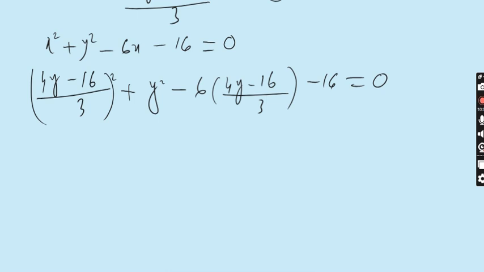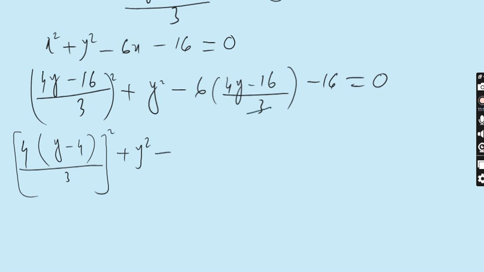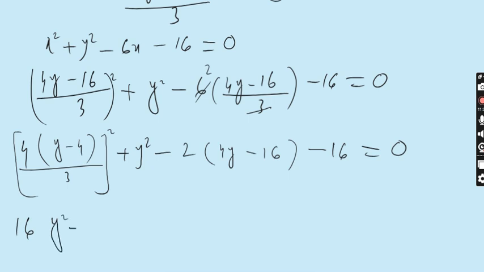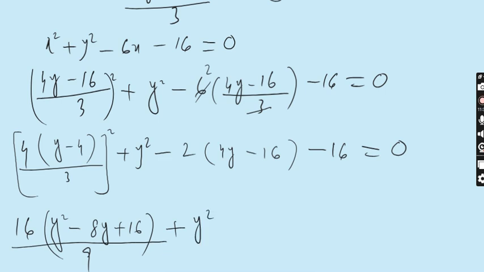Taking 4 common from 4y minus 16, so 4 times (y minus 4) upon 3, whole square, plus y square, minus 6 times... 3 2s are 6, minus 2 times (4y minus 16) is equal to 0. 4 square is 16, and (y minus 4) whole square is y square minus 8y plus 16, upon 3 square is 9, plus y square.